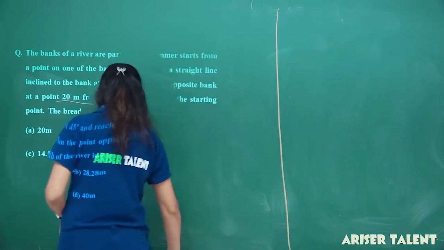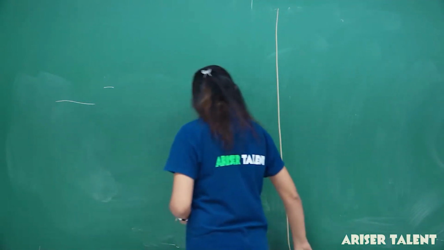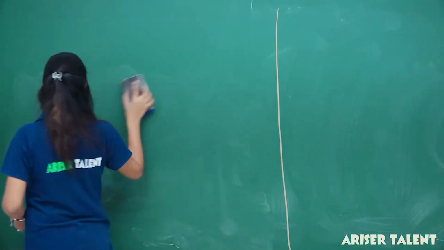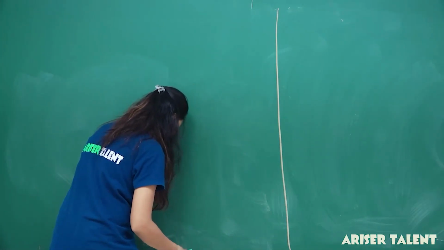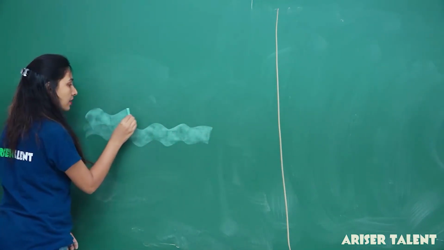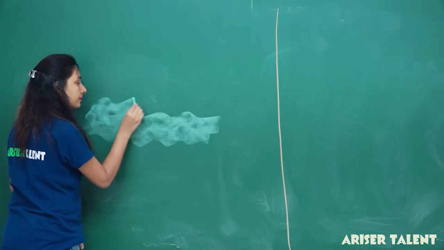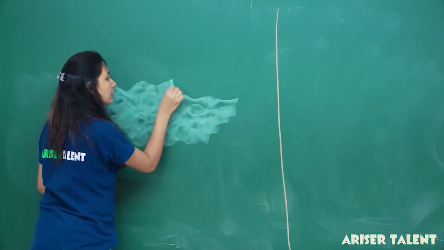Now we can have a look at how it is going to be. What is this question saying? It's telling us that we have a river, right students? This is the river.